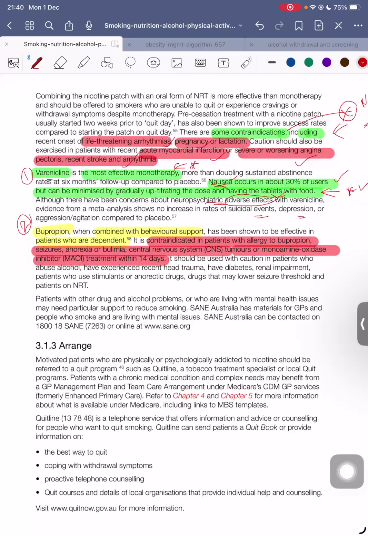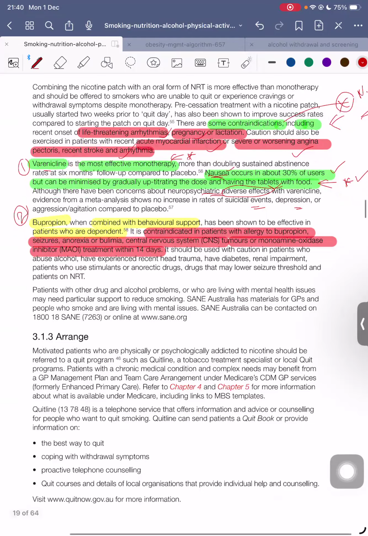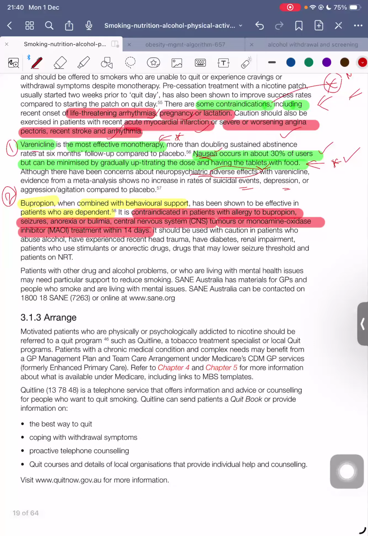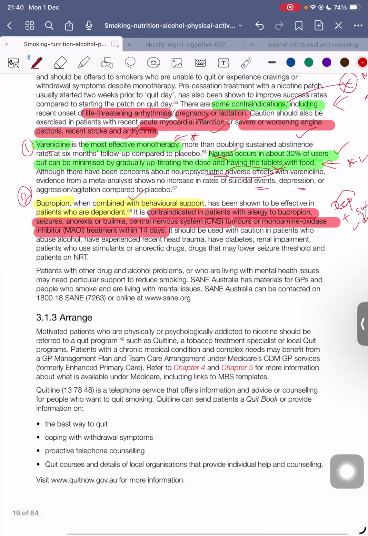The second one, bupropion. Okay, bupropion. So, when should we give bupropion? Okay, remember like that. As an example, if the patient presents with depression and smoking dependence, okay, depression and smoking dependence, these kinds of patients we can give bupropion.